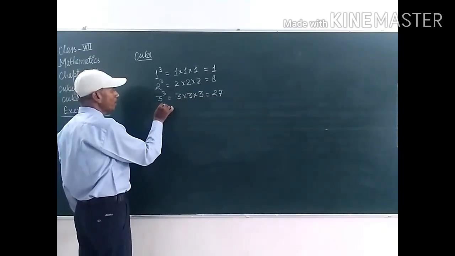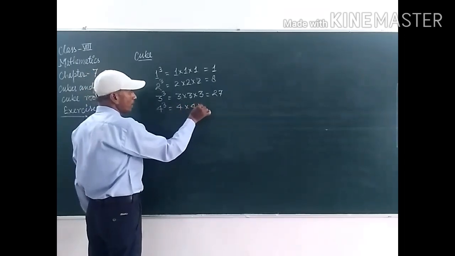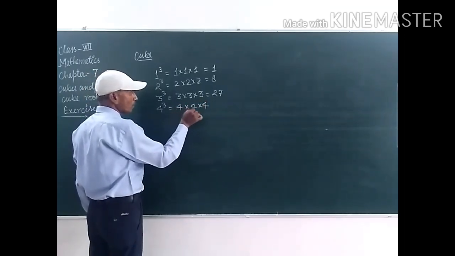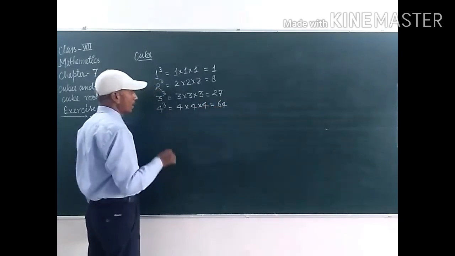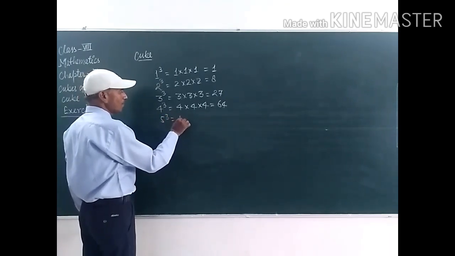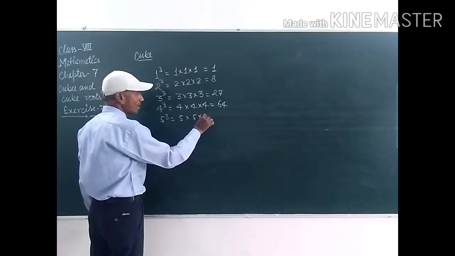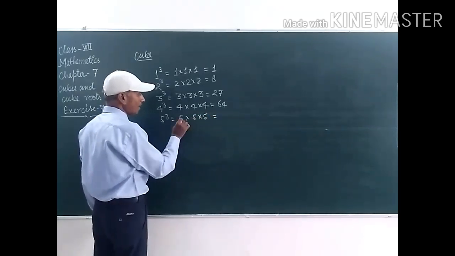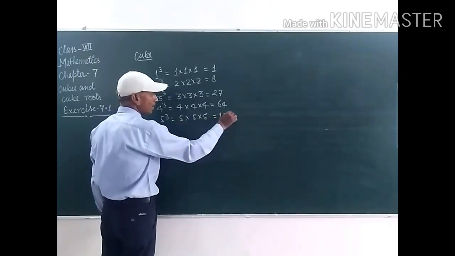Cube of 4, that is 4 into 4 into 4. 4 fours are 16, 4 sixteens are 64. And cube of 5 means 5 multiplied by itself 3 times, that is 5 fives are 25, 5 twenty-fives are 125.